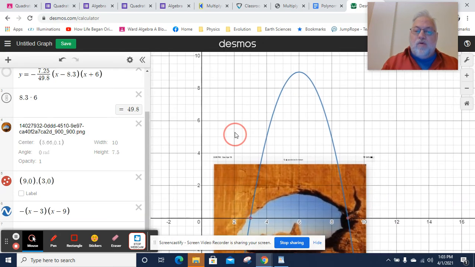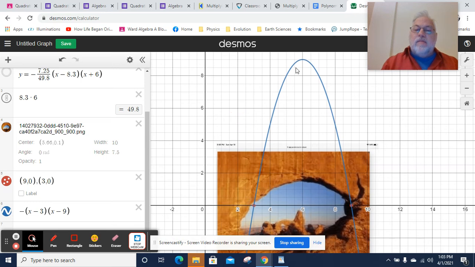Now, this time I don't have a y-intercept to work with, but I do have a high point. Now, there's another point that you could consider in a parabola. It's called a vertex. I've got a vertex at 6, 9. And now I have a vertex for this parabola that looks to me like it's at 6, 1.5.